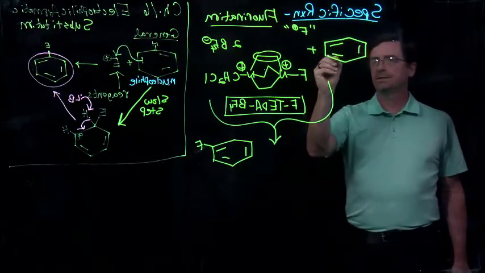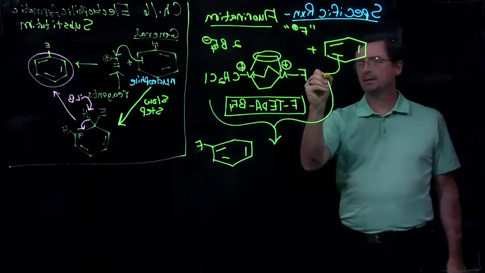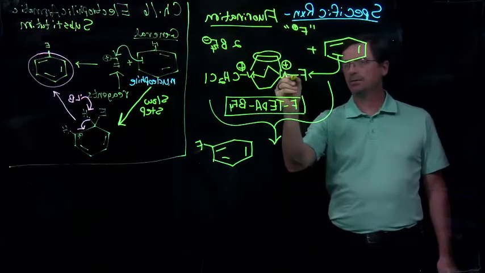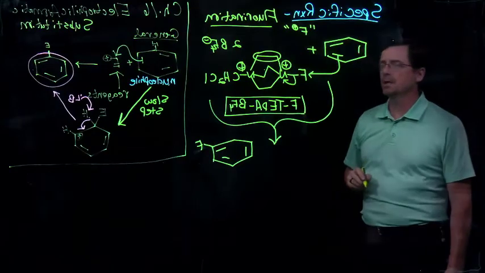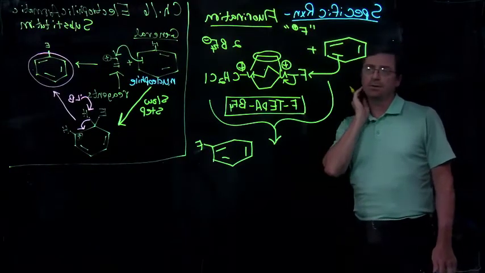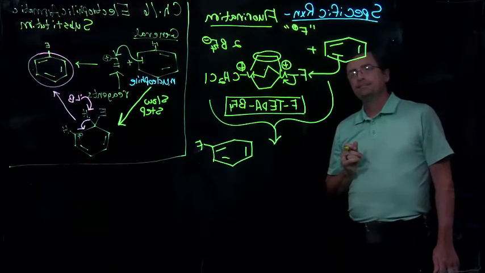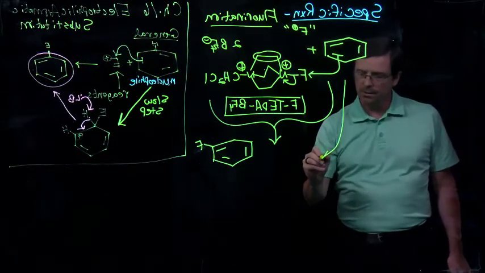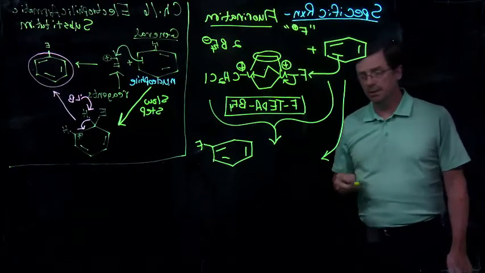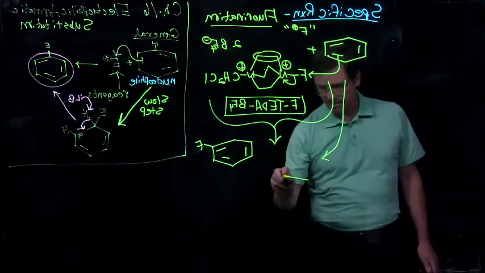Well, just as we've seen already, the benzene ring acts as a nucleophile. It attacks this, and the rest of this ammonium molecule acts as the leaving group. This produces our now familiar electrophilic addition intermediate that has lost aromaticity.